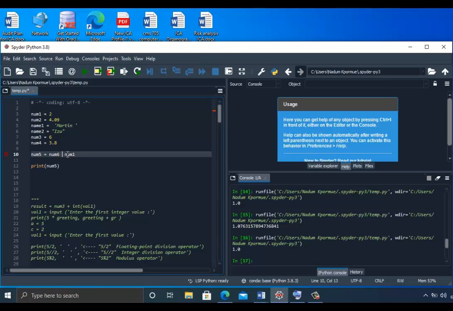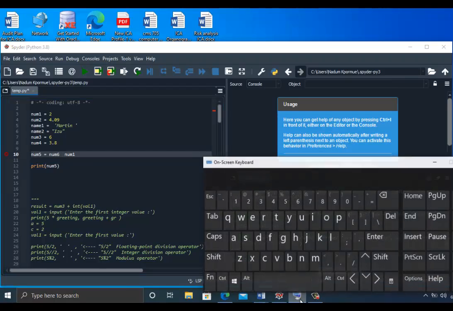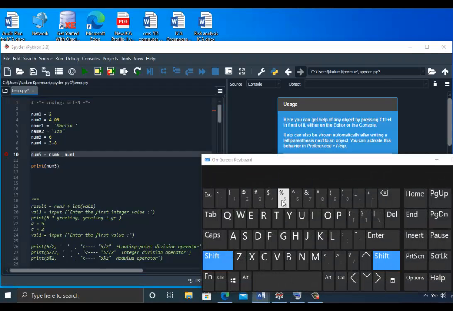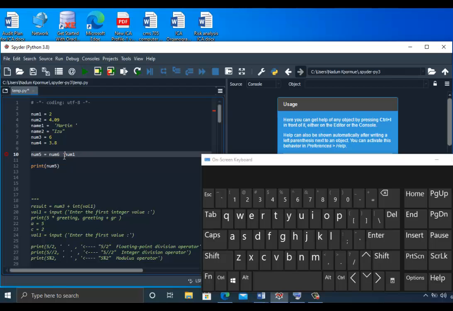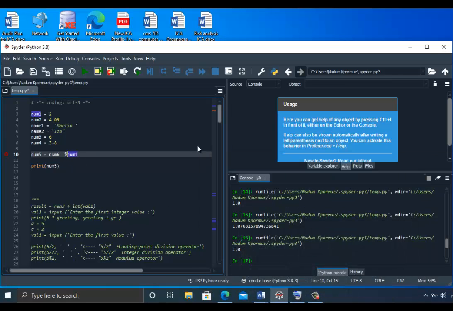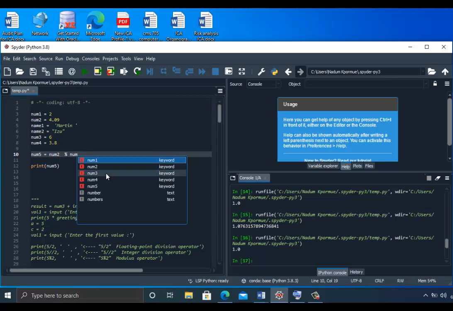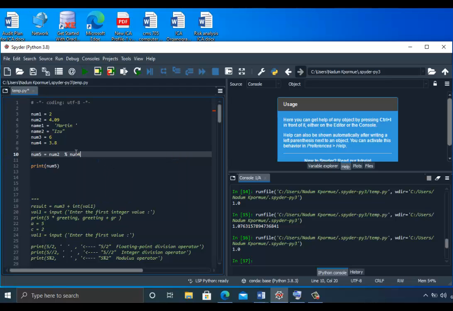So let's see what we have here. Let's type modulus operator, and we have num2 modulus num4.